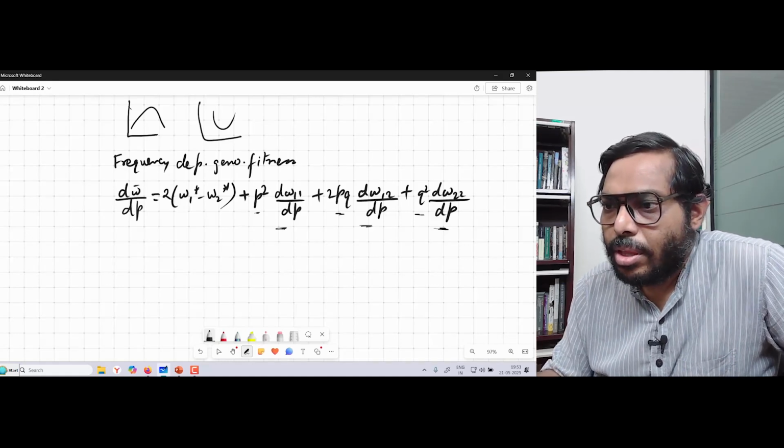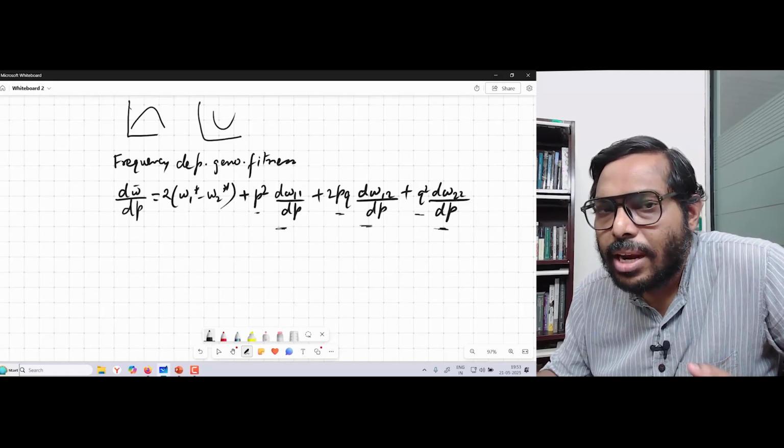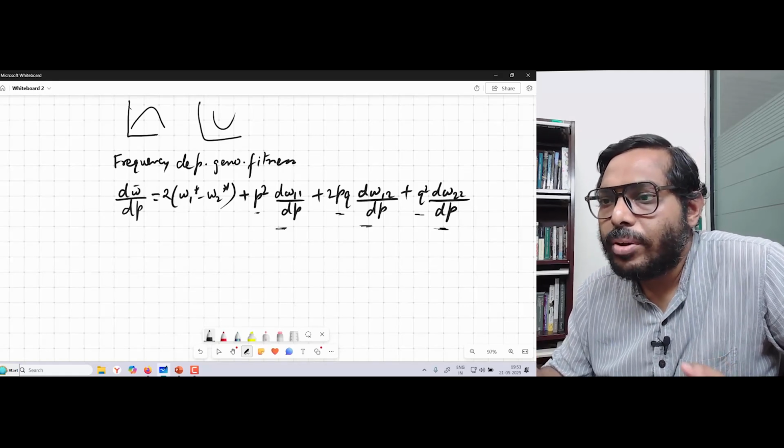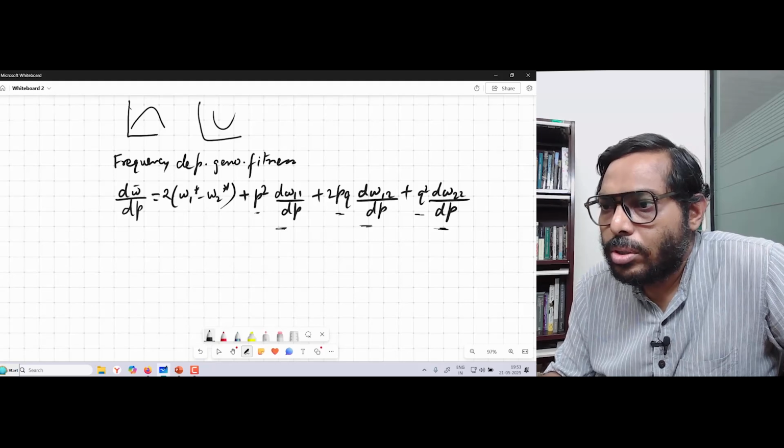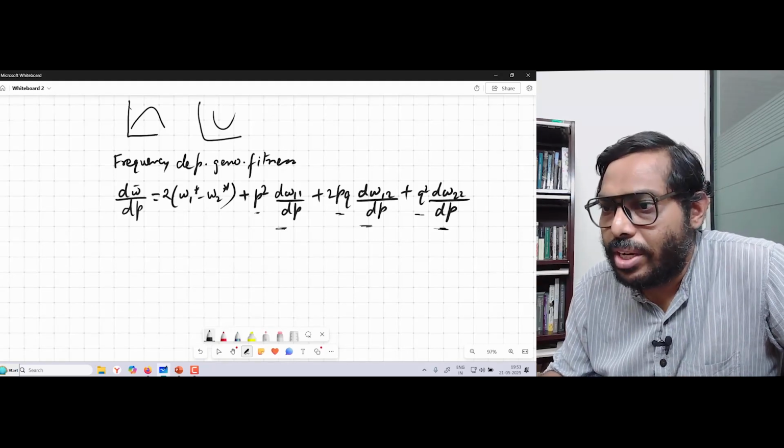Therefore, these 3 terms together form an average of what? An average of the genotypic fitnesses. Or rather, the average of the derivatives of the genotypic fitnesses.